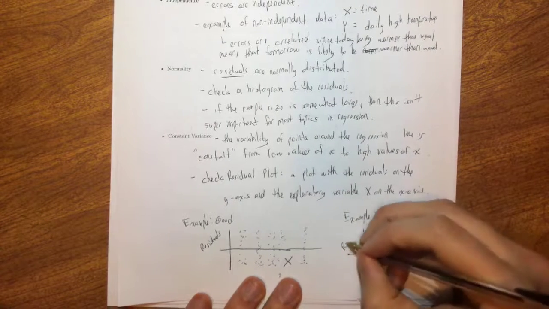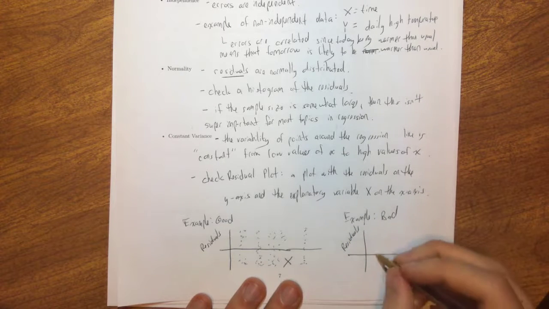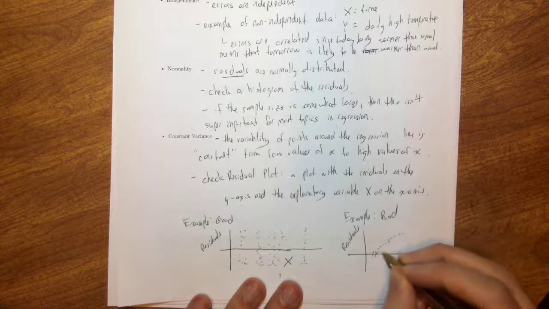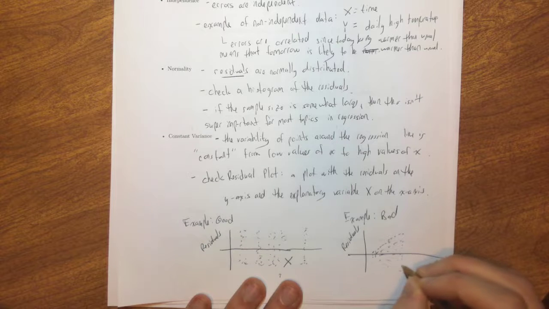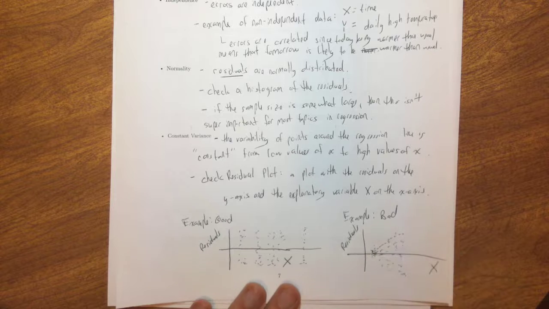Now something where this constant variance assumption isn't going to hold. I'm going to draw another graph with residuals on the y-axis and x on the x-axis. The most common example that you'll see where this doesn't hold is this funnel-shaped pattern.